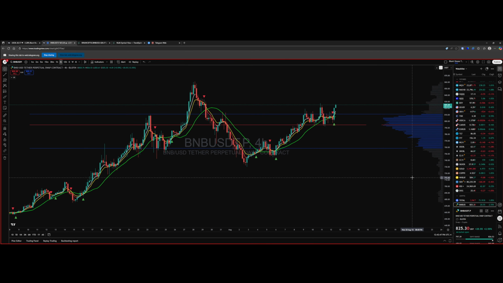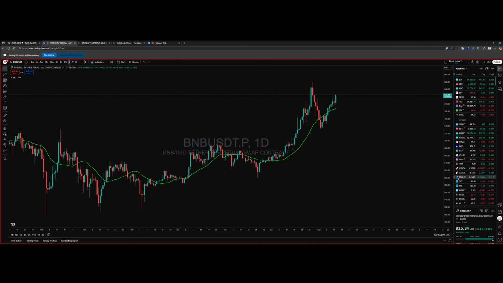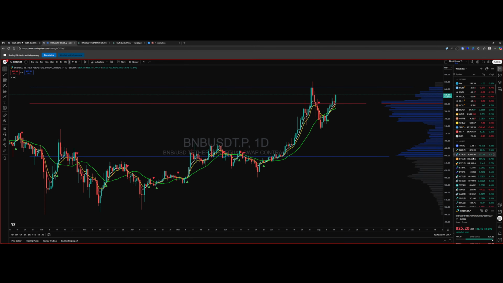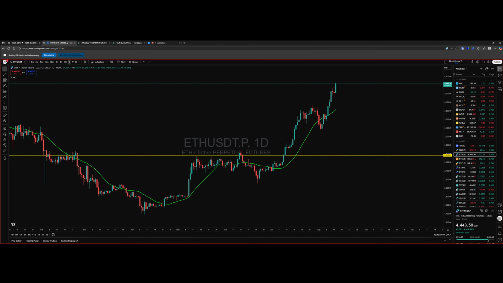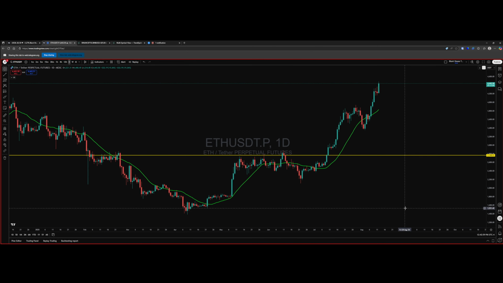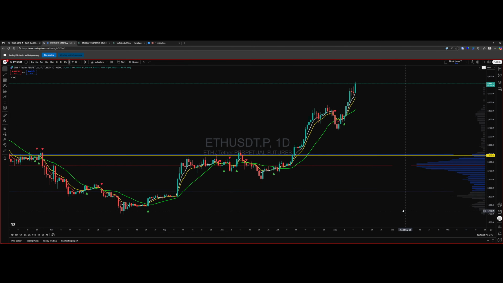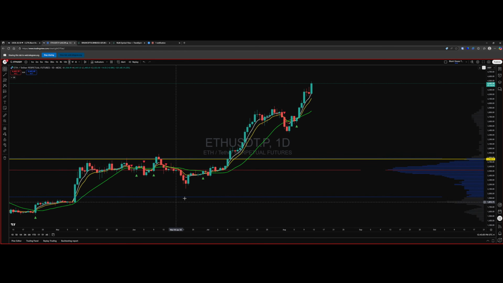Now, let's look at ETH, because this thing has just gone nuts too. There's your daily chart of ETH. Doesn't look too dissimilar actually, right? A little bit of a respectable retracement, very small one actually, and boom, price moves higher.